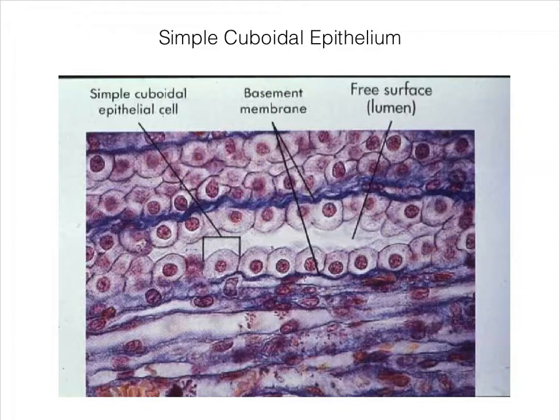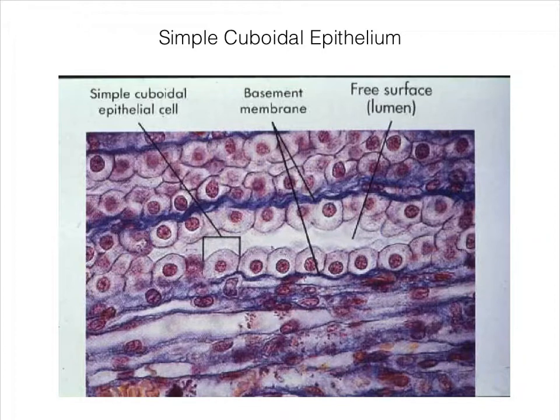And you can see here that this area right there that is labeled free surface or lumen, that's empty space. So if the tissue that you're looking at does not border an empty space, it has different types of tissue on each side of it, it's probably not epithelial tissue.